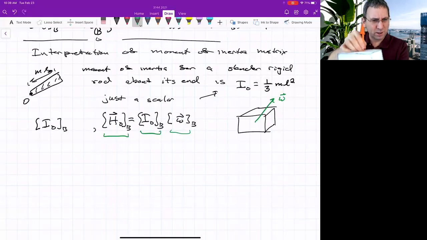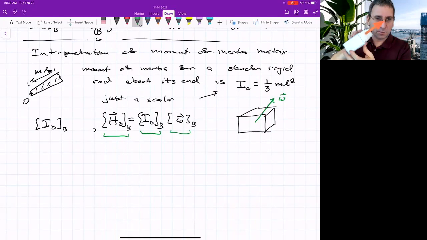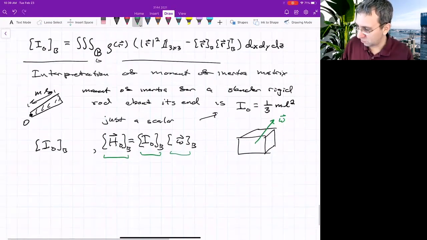You might be thinking, what other kinds of things happen? You could have something that looks like tumbling. Eventually we'll give it names like precession, but there are special directions where if you get it rotating in that direction, it'll look like pure rotation, not a tumbling type of motion.